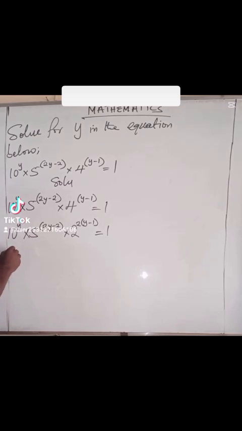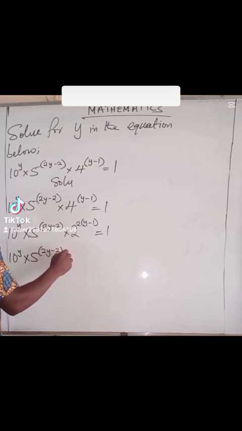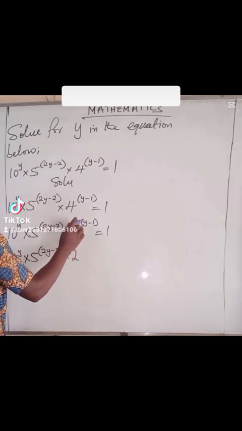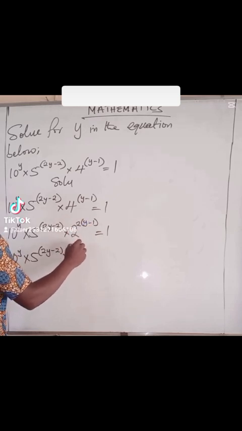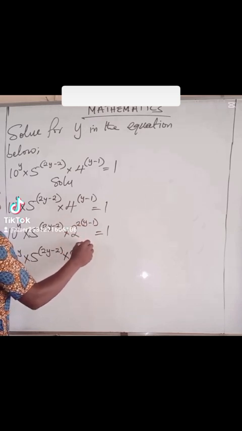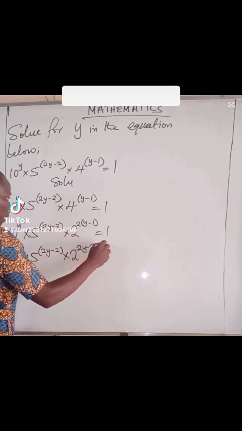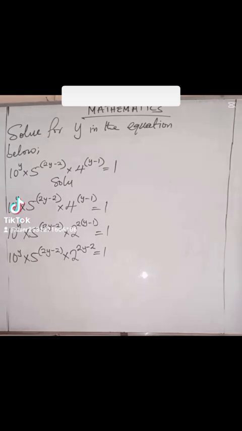Okay, so we go 10^y × 5^(2y − 2) × 2 raised to power, this multiplied is going to give us 2y, this multiplied is going to give us minus 2, equal to 1. Okay, now there's something else I want to do here.